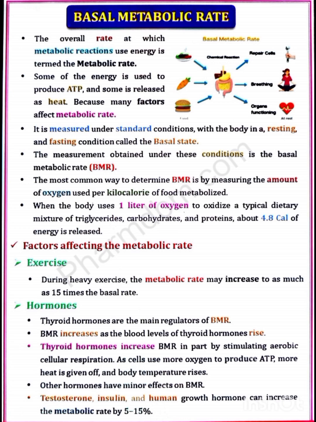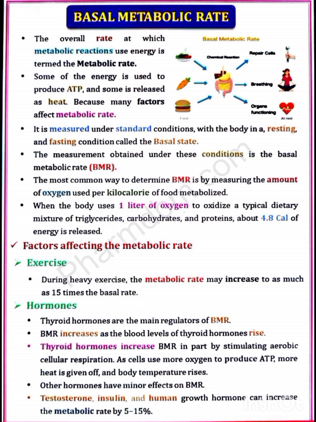The measurement obtained under these conditions is the basal metabolic rate, BMR. The most common way to determine BMR is by measuring the amount of oxygen used per kilocalorie of food metabolized. When the body uses 1 liter of oxygen to oxidize the typical dietary mixture of triglycerides, carbohydrates and proteins, about 4.8 calories of energy is released.